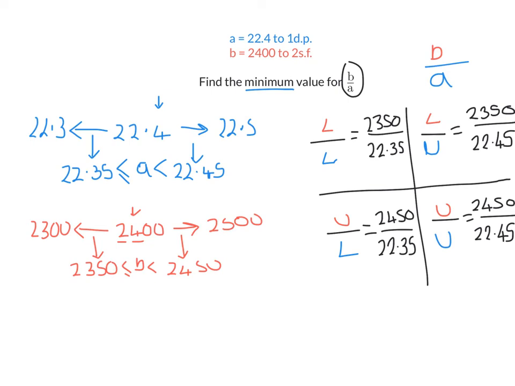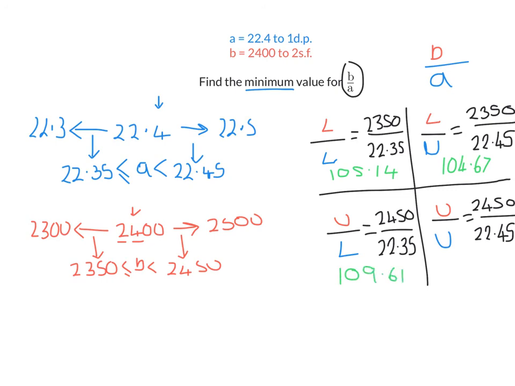2,350 divided by 22.35 comes up as 105.14. 2,350 divided by 22.45 comes up as 104.67. 2,450 divided by 22.35, 109.61.